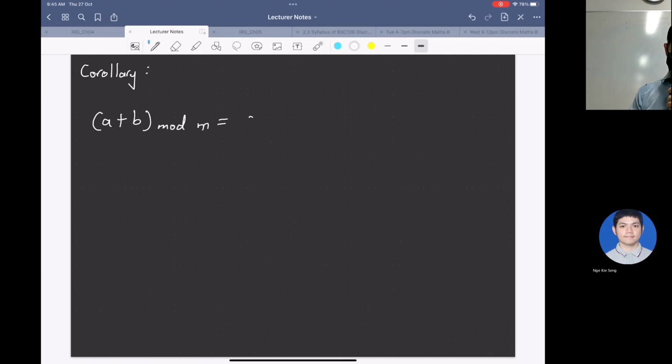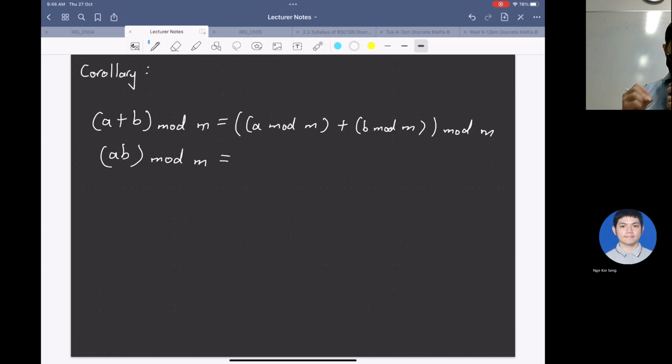Actually, you can just take the remainder of A first, mod M, and then take the remainder of B, mod M, add them together, and then take the remainder again. Or if you want to compute the remainder of the product, you can do it individually first, and then multiply them, and then reduce it again.